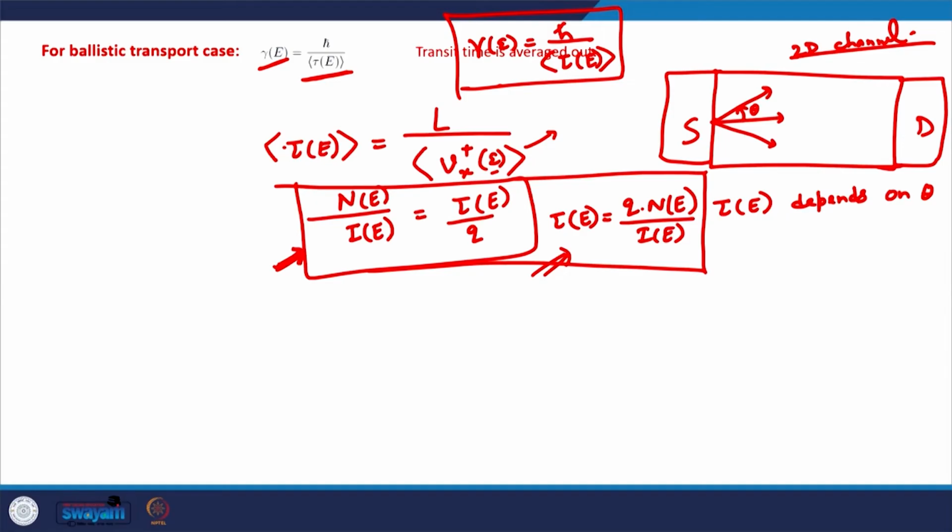Okay. So, in order to use this expression, we actually need to find out the steady state electronic concentration and the steady state current in diffusive transport case.